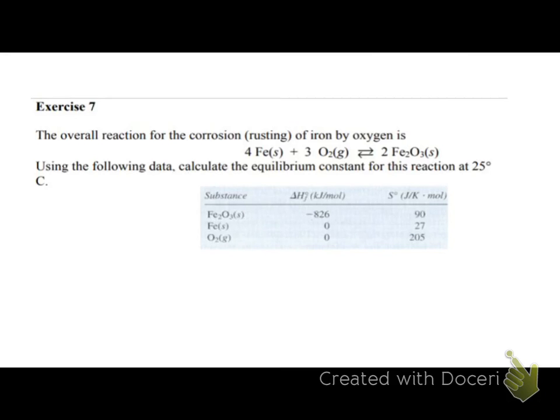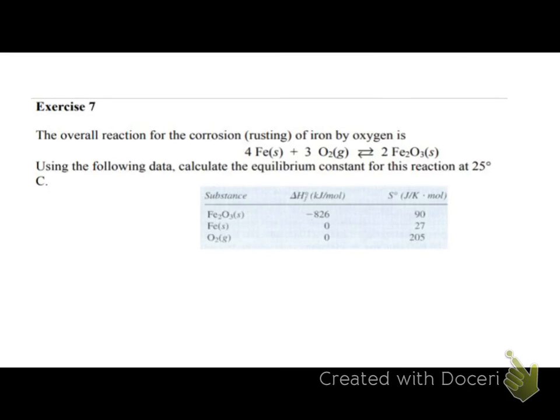So now for exercise 7, this time we're given delta H and delta S values, and it wants us to solve for the equilibrium constant, and this one's going to be a long problem.